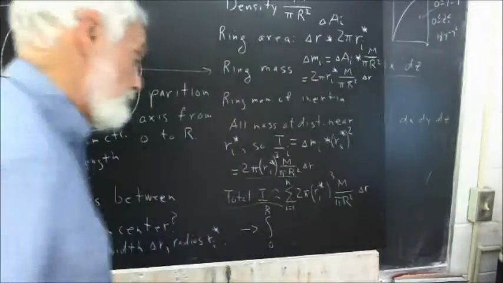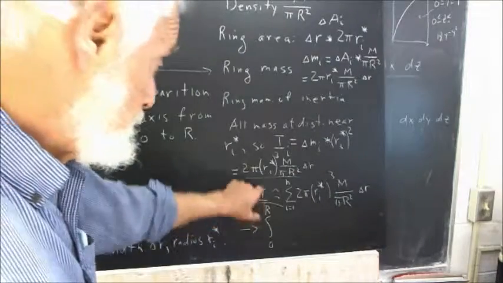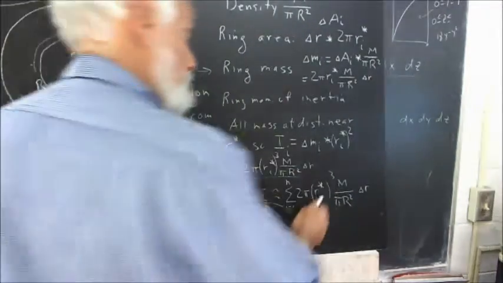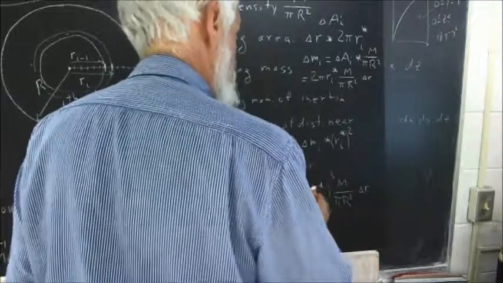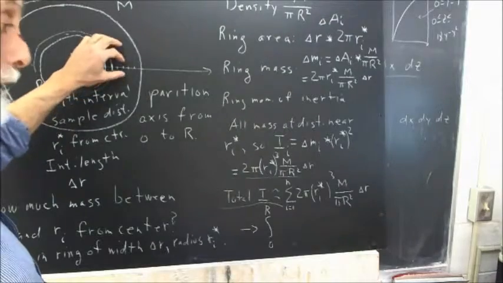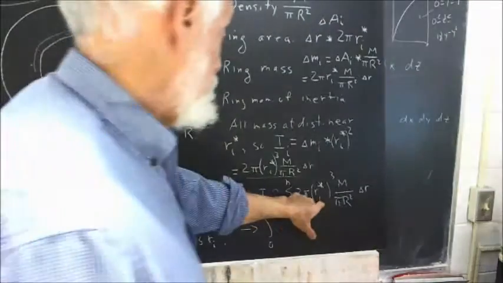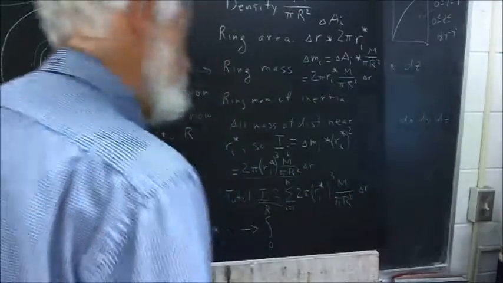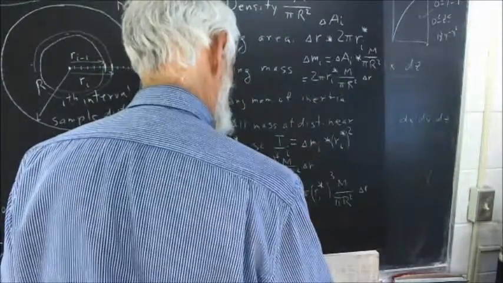Put a line there so we don't confuse this with the subscript on the i. Okay, and the r sub i's are just going to become r. The intervals are going to shrink down to where we're just representing the value at every point. And the delta r is going to become dr by the usual process.